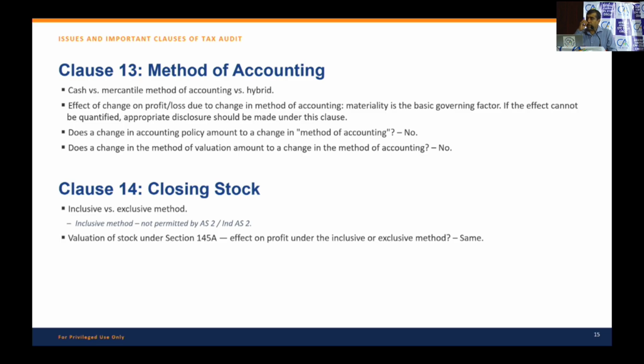The income tax department allows hybrid to some extent, but under general GAAP, only two methods of accounting are permissible: cash and mercantile. Therefore, as I said, any change in accounting policies is not reportable. Any change in depreciation method or any change in inventory valuation, all those are changes in accounting policies, and will not be reported here unless somebody has actually changed from mercantile to cash or otherwise.